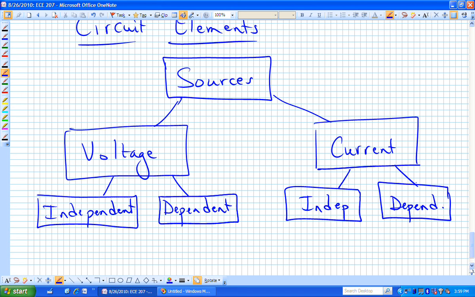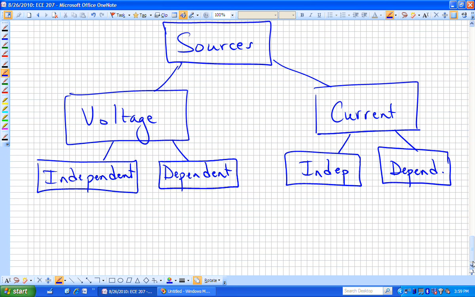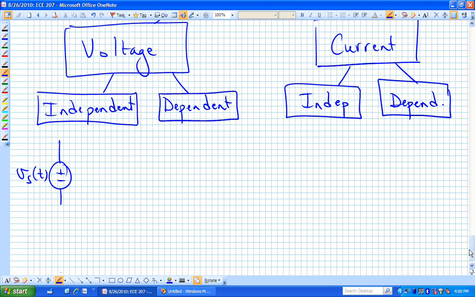We could have independent current sources or dependent current sources. Typically, we write these different ways or label these differently. An independent voltage source might look like that. A dependent voltage source could look like a couple of things, but it's going to look like a diamond for both cases.